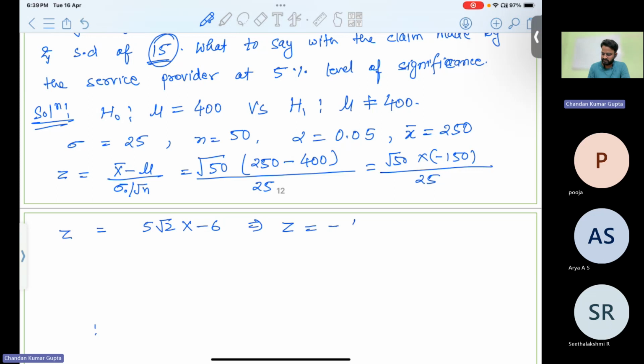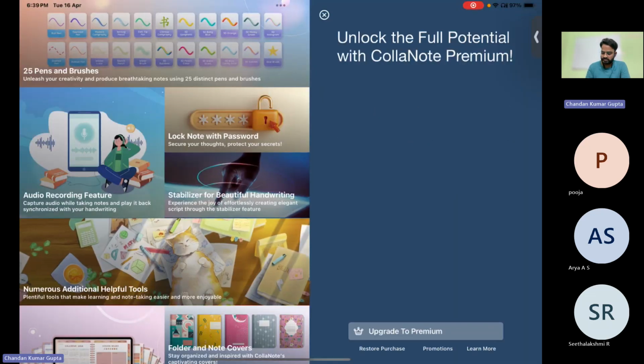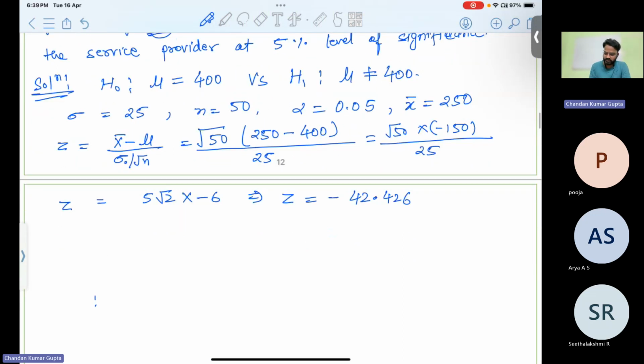And here comes out the approximate value of z, minus 42.426. We have already calculated it. Now, since it is two-tailed, in that case we check the modulus value.